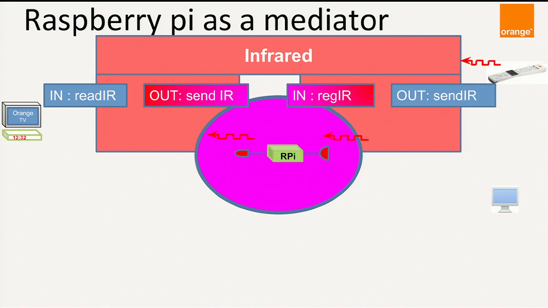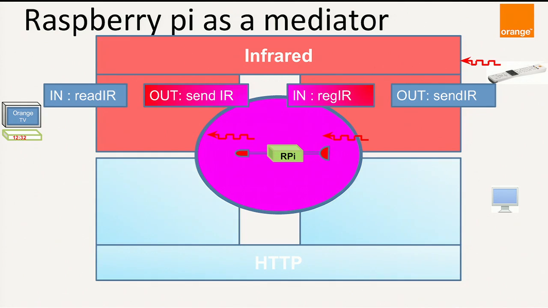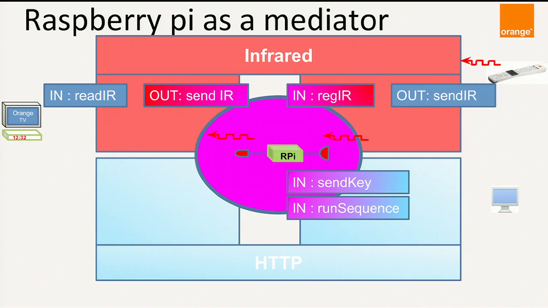So our Raspberry Pi now knows how to read infrared and send infrared. But Raspberry Pi also has an Ethernet card, so it can also understand HTTP requests. And now we have a system that knows how to talk with the two worlds. So our Raspberry Pi will be used as the mediator, or as the glue, between the two worlds.